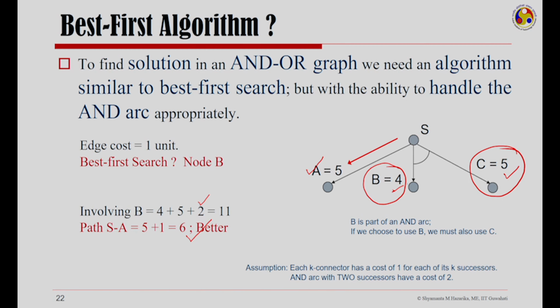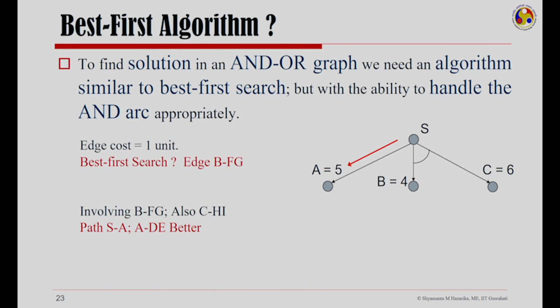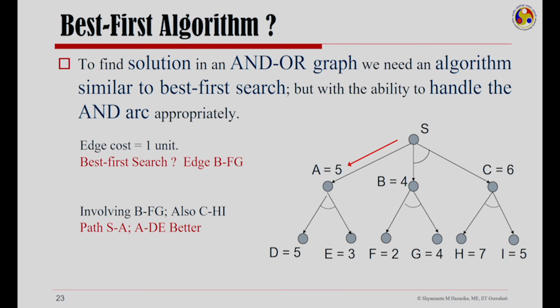So, this is something which is not possible from just looking at the heuristic value of that particular node. Let us try to understand this with one more depth of search.